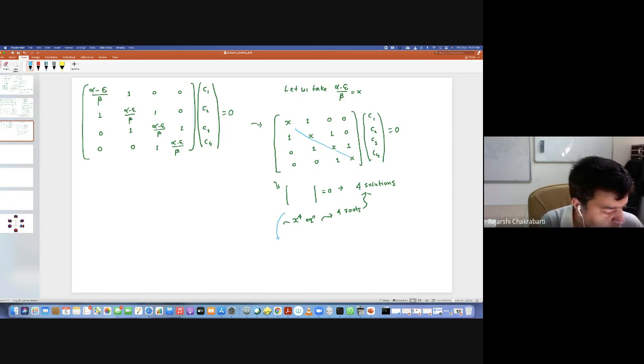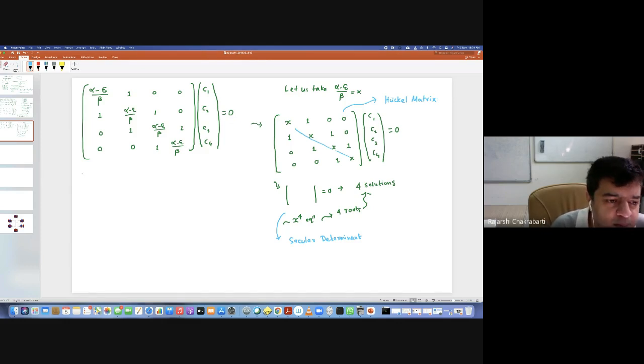This is called the secular determinant. And this matrix has a name. This is called the Huckel matrix. Fine? Now let us do the simplest possible system.